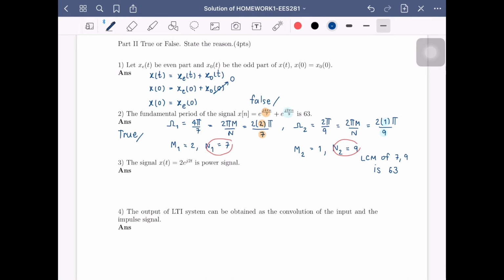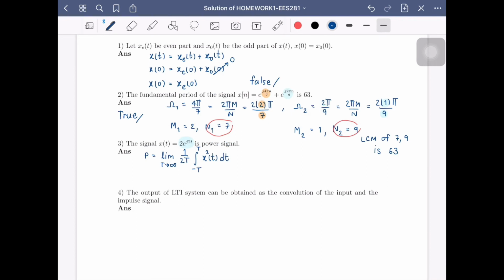The third question says that the signal x(t) equal to 2 exponential of j2t is a power signal. Then the equation of power is P equal to the limit as T goes to infinity of 1 over 2T times the integration from minus T to T of |x(t)| squared dt.